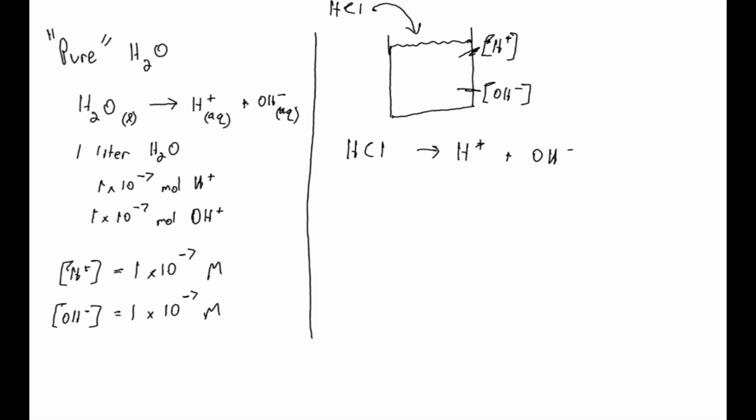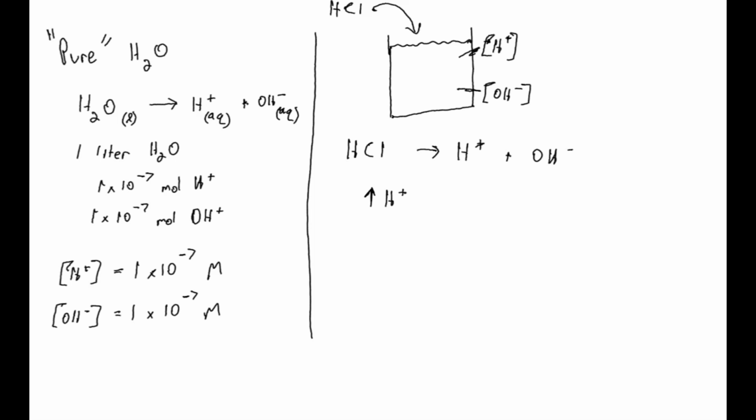Now, it shouldn't be too surprising that if we go and look at this solution after we've added the HCl, we're going to find that the concentration of hydrogen ions has increased. Why has it increased? Because we added hydrochloric acid, it broke up, we introduced more hydrogen ions. That's a direct result of introducing HCl into the solution, that the hydrogen ion concentration goes up.